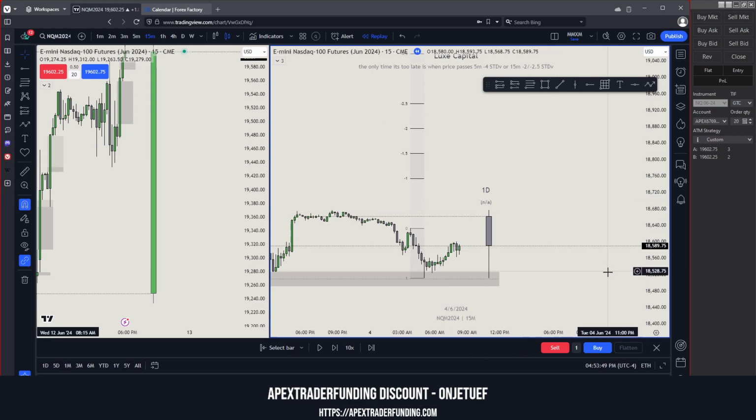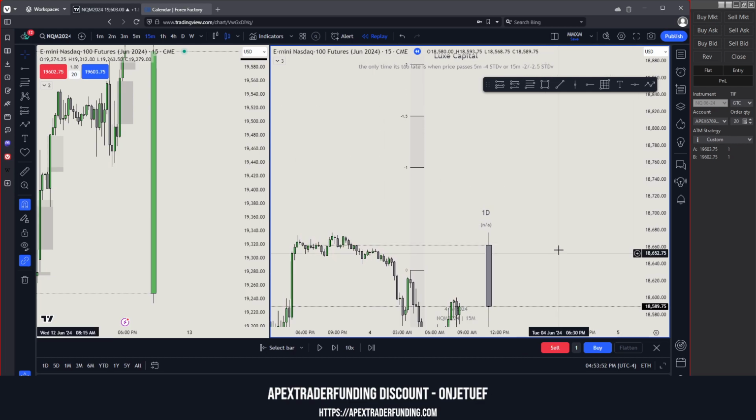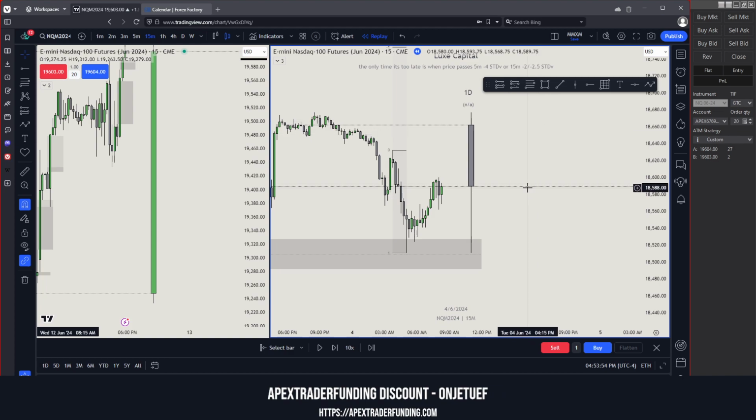That is a massive manipulation leg. So you should be looking at using the manipulation leg as often as possible. But when it is just absurd, it's probably not going to be the correct way to measure where price is going to go. In which case, we'll go with the distribution leg.